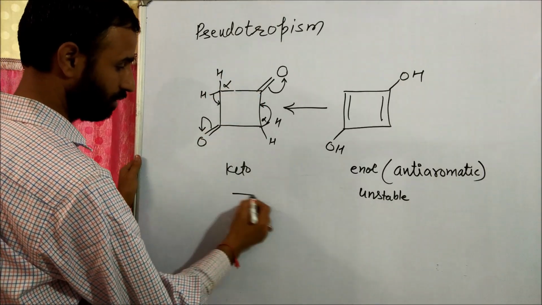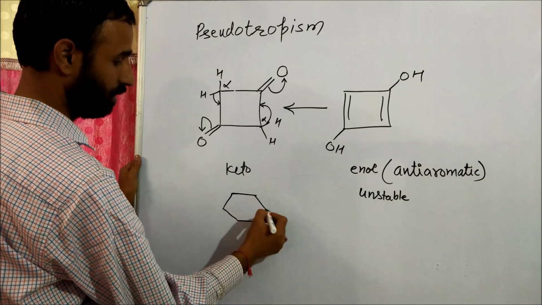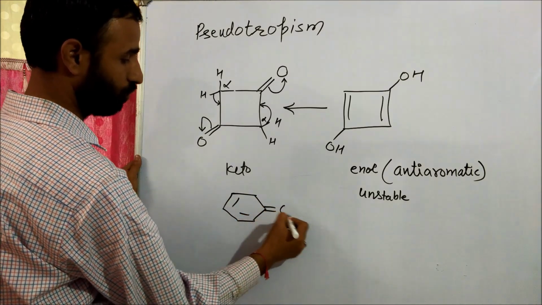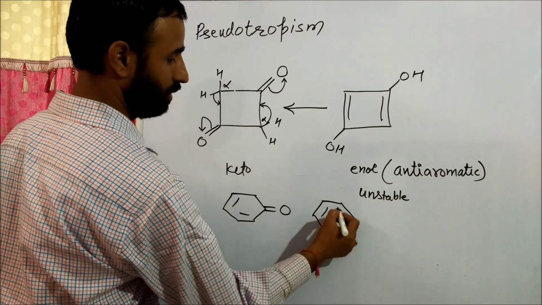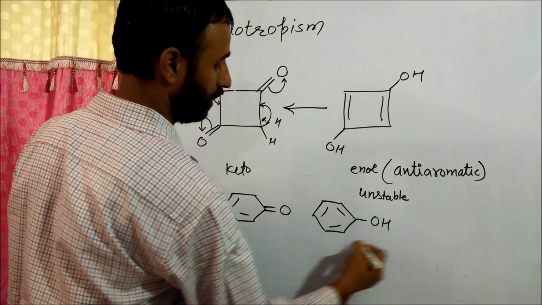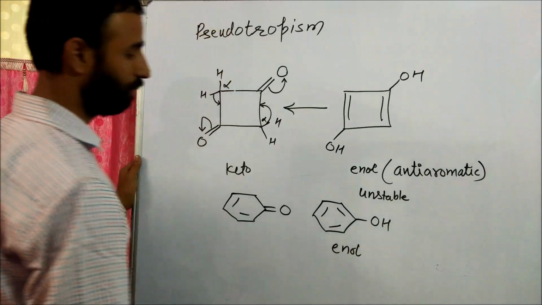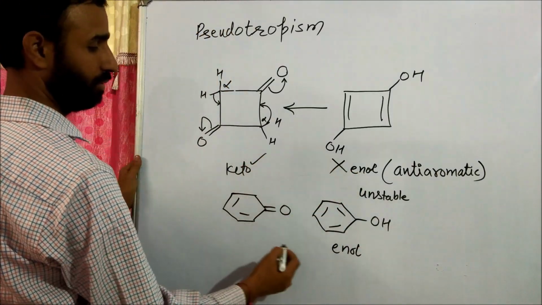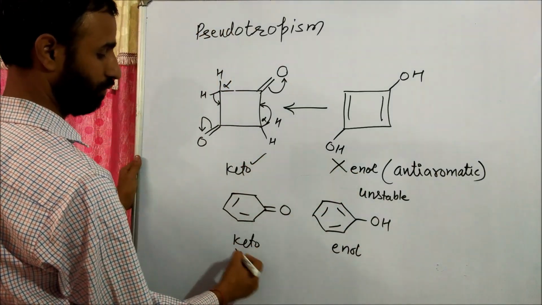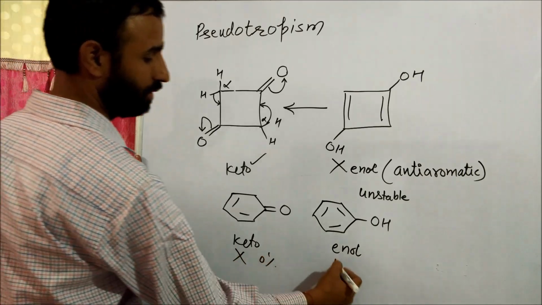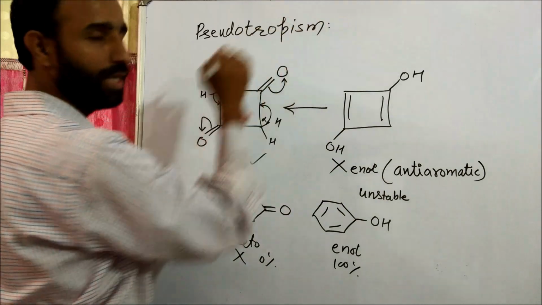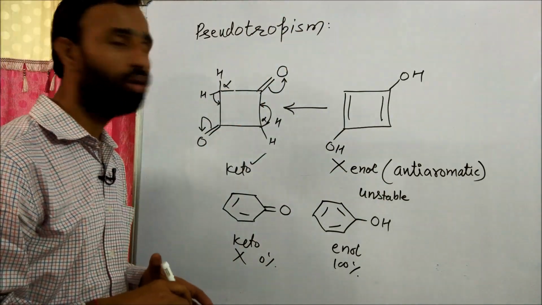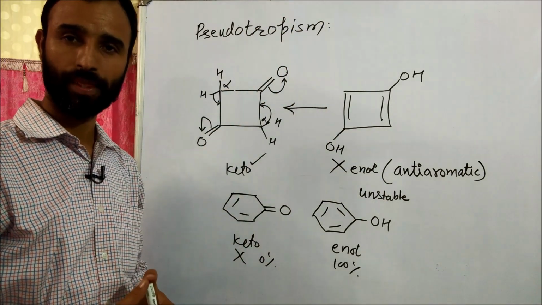Last example, this one. Only enol form exists. Keto form is 0%, enol 100%. So these are studied under the heading of pseudo tropism, right?